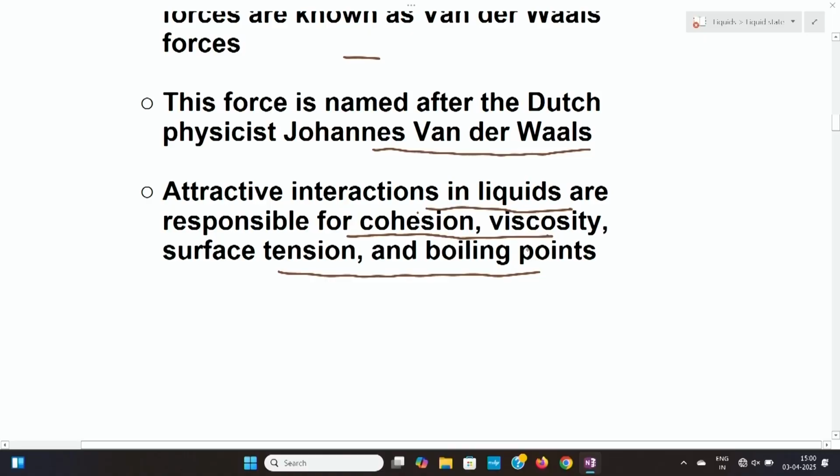Boiling point is the temperature at which the vapor pressure of the liquid equals the atmospheric pressure. The attractive forces in liquids are responsible for all these properties.